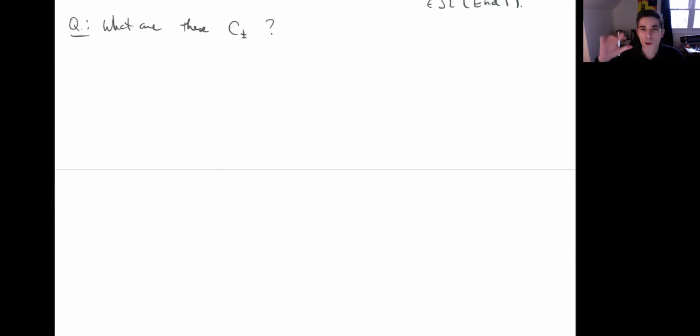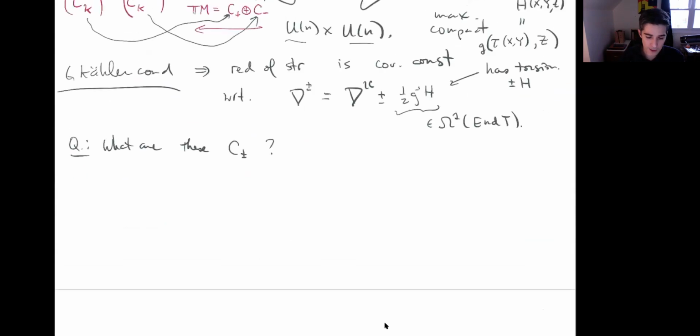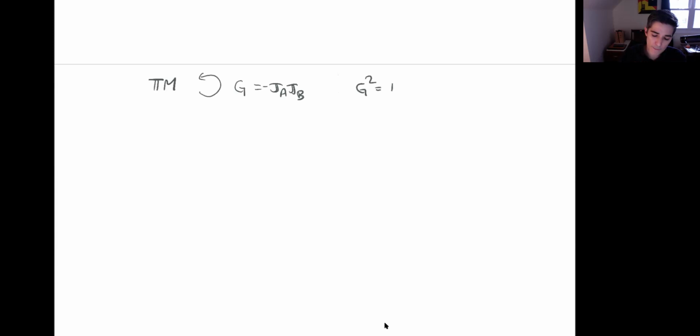Okay, so now we need to do a more careful study of the linear algebra on T plus T star M. So on this bundle we have this operator G. Remember that G is minus JA JB, and G squares to plus 1.